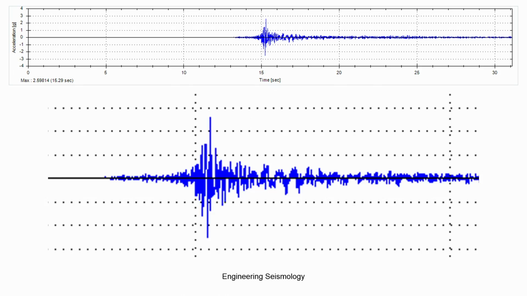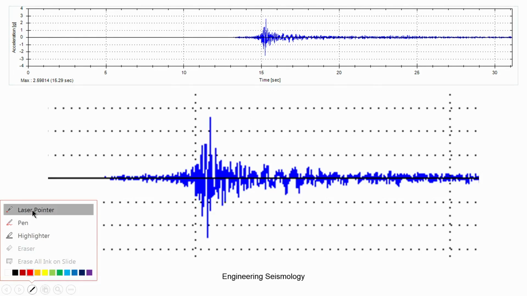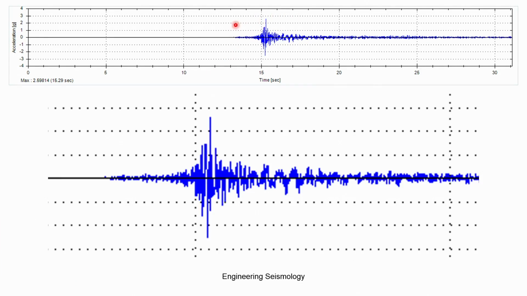So, duration is another time domain parameter you can get. This is a typical record which you saw in the last class; this portion I have zoomed in. From here you can get the Tp arrival time and the S wave arrival, where the S wave starts. These two will give you the distance between the epicenter and the station.